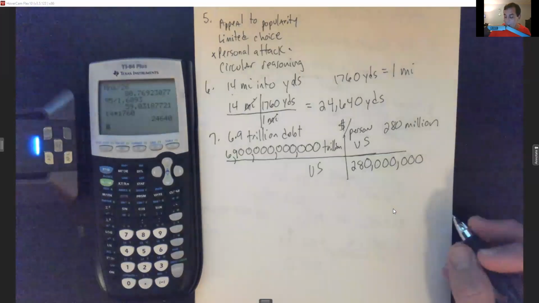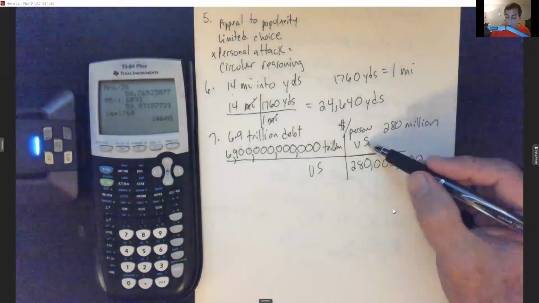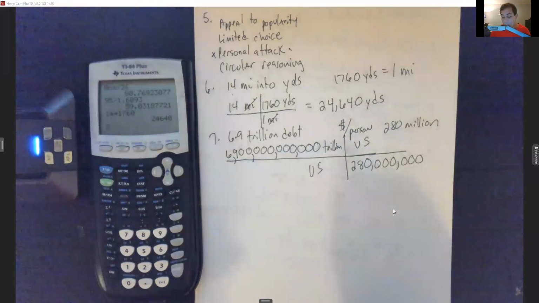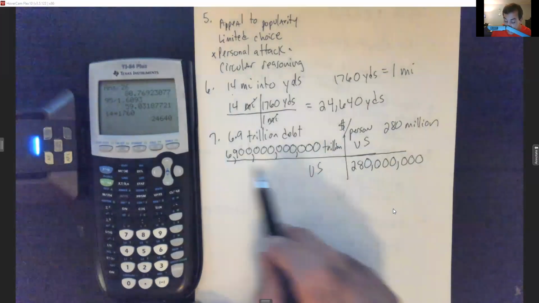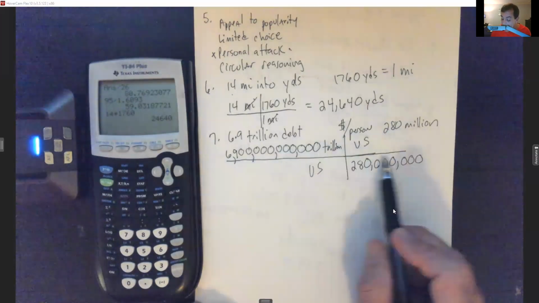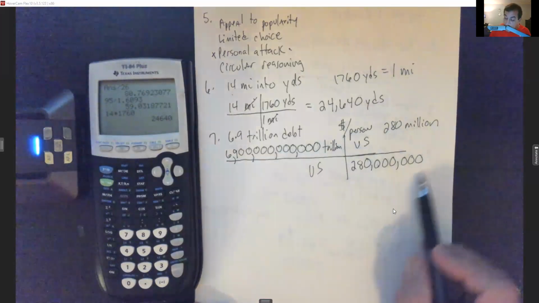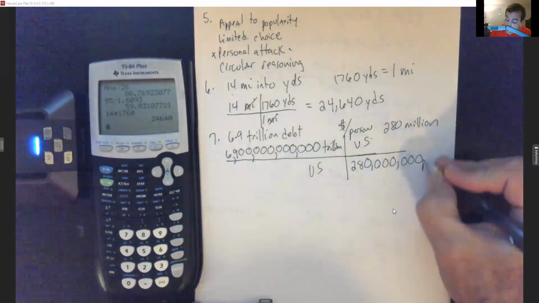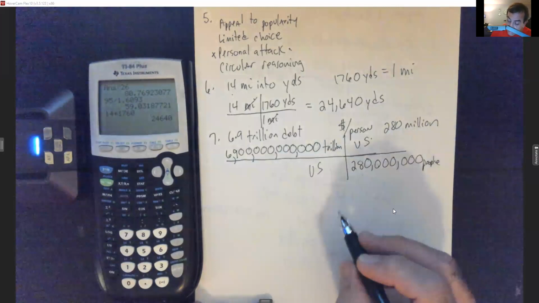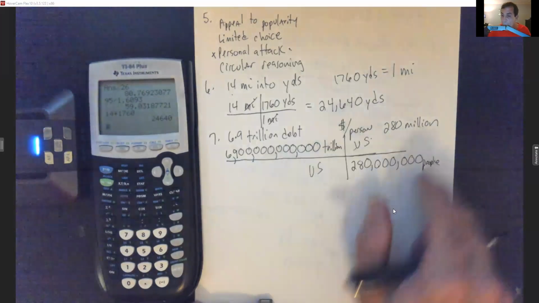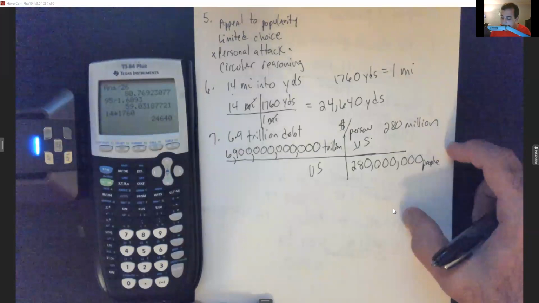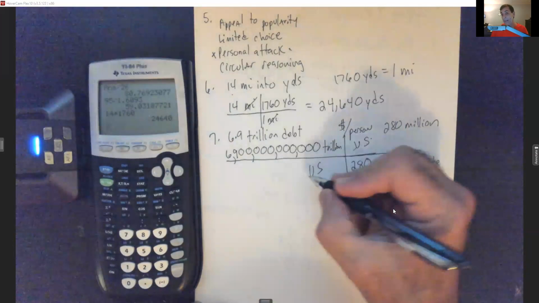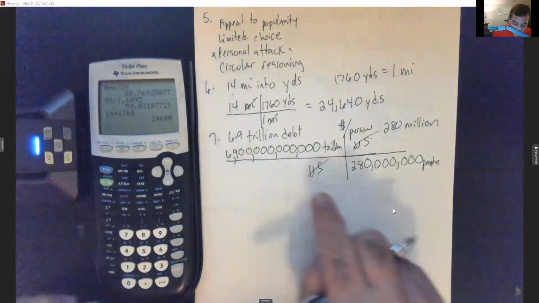So 280 per person in the U.S. But basically, what you're going to do is take your total debt and divide by the U.S. population, because the U.S. population was 280 million people. So see how this is going to cancel, and you're going to end up with money per person, okay? Because this was the number of people in the U.S., and I was able to cancel the U.S. doing that, okay? So let's see what this is going to give me.